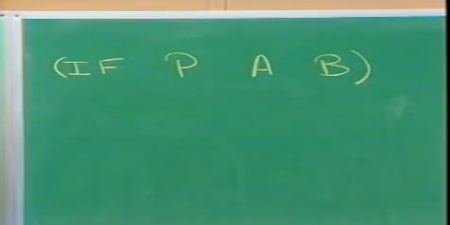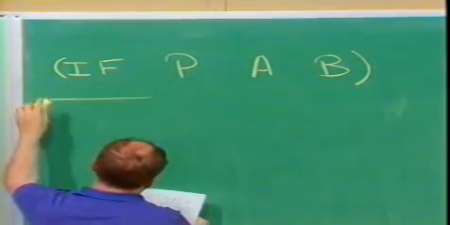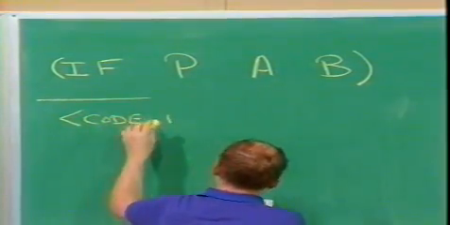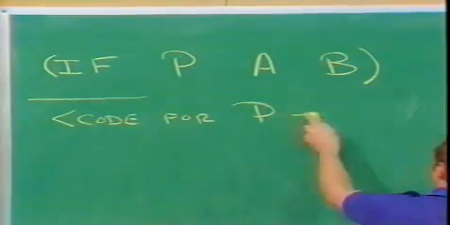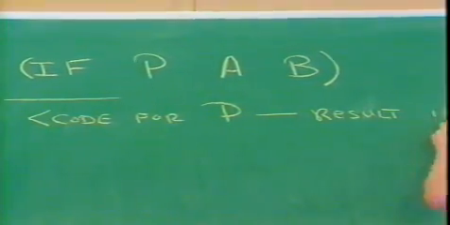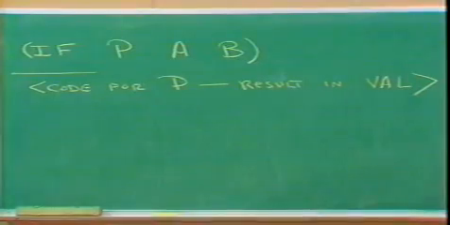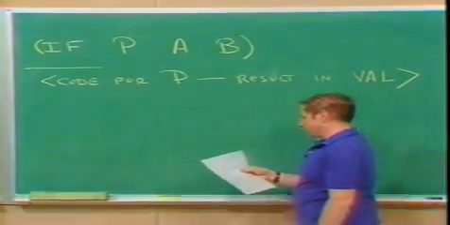You compile both branches. So you compile a structure that looks like this. That'll compile into something that says the code for P, and it puts its result in, say, the val register. So you walk the interpreter over the predicate and make sure that the result would go into the val register.